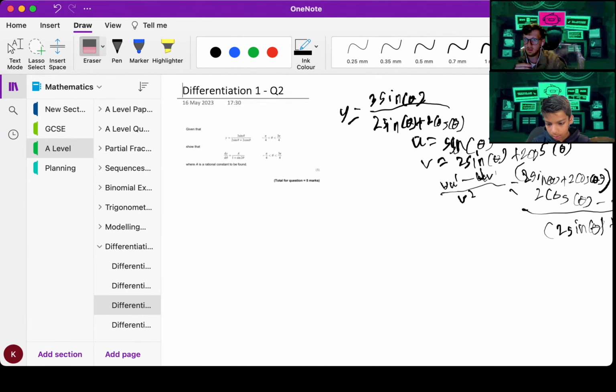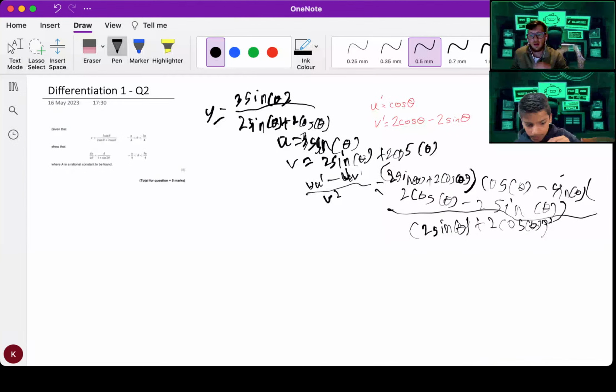Oh, u is 3 sine theta, not sine theta. Yeah, so u prime is 3 cos theta as well. Yep.